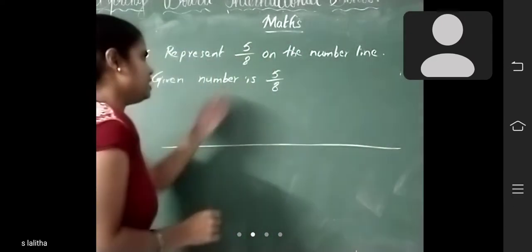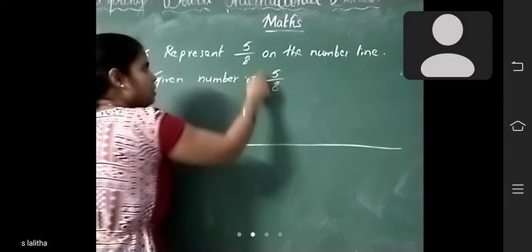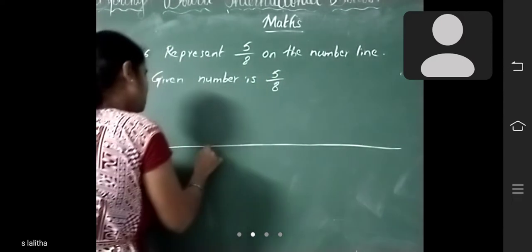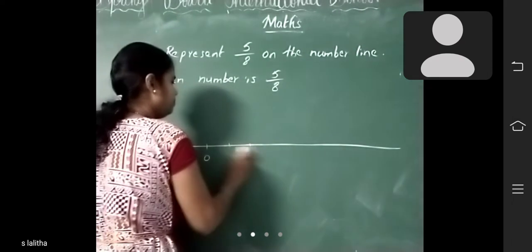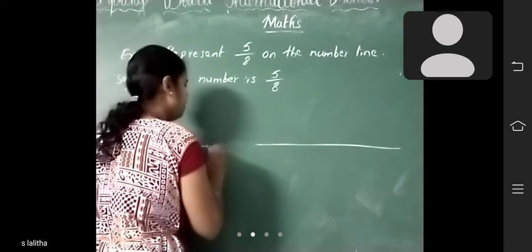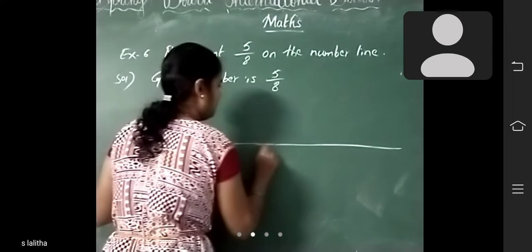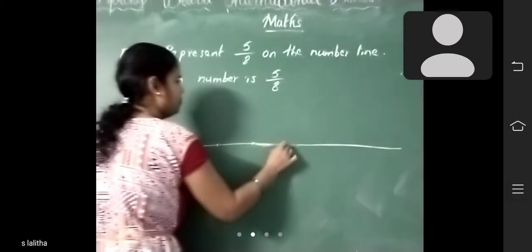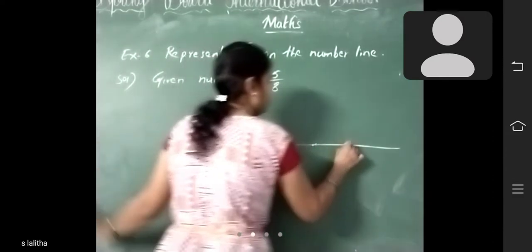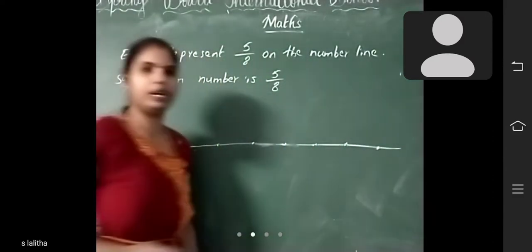First you should draw the number line. This is a positive rational number, so you should take positive numbers 0, 1. First you should divide the number line into equal parts.